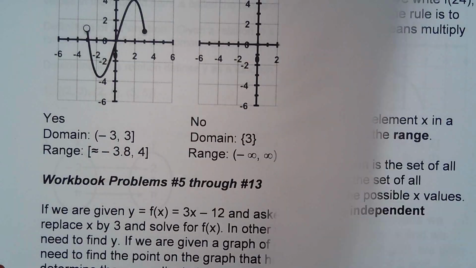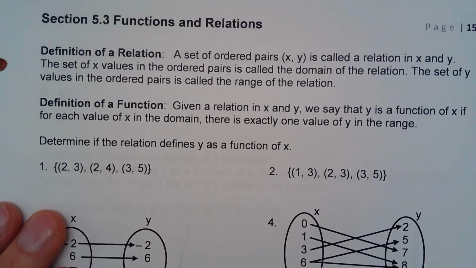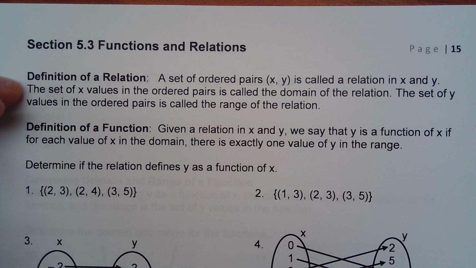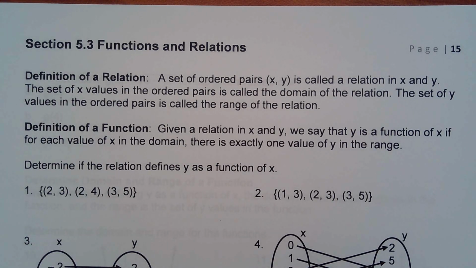So let's turn to page 15 of our workbook. This is a summary, first reminding you what a relation was that we talked about previously. A function is a more strict version. You're assuming that you have a relationship between x and y in such a way that each x can only produce a single y value in the range.